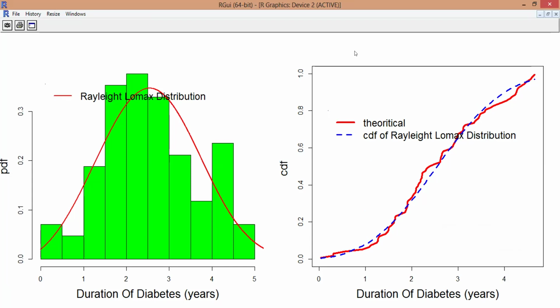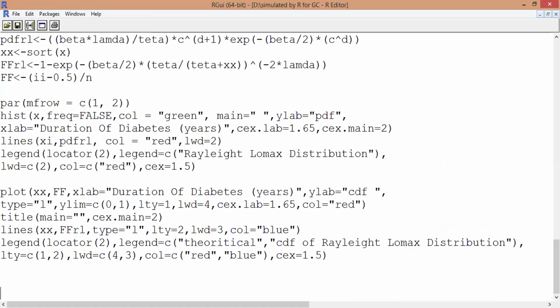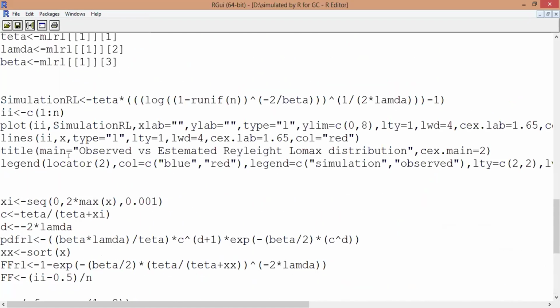Based on this result, we try to run the simulation using this quantile function. You can find this is runif. In the research article they use U, but for our program we use runif. runif means a number from 0 until 1, using n, the length of the data.